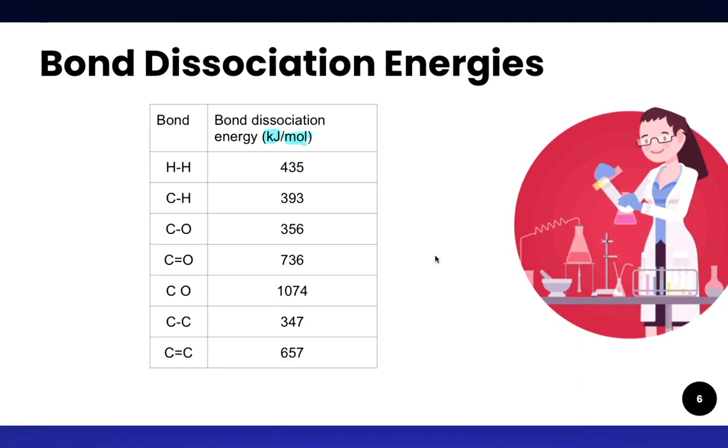I'm sure they're all over Google, or you could use this one here. And that way you would know how strong a bond is. And this one right here is missing. This is a triple bond. So you can see that triple bonds are much stronger than double bonds, which are much stronger than single bonds.